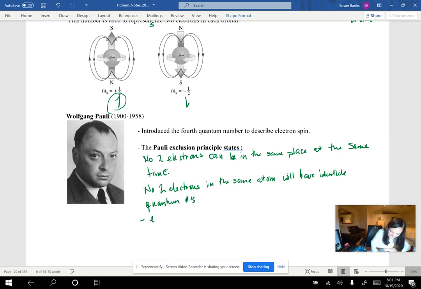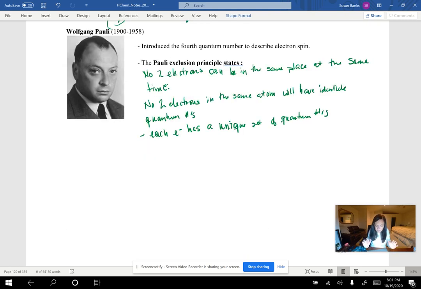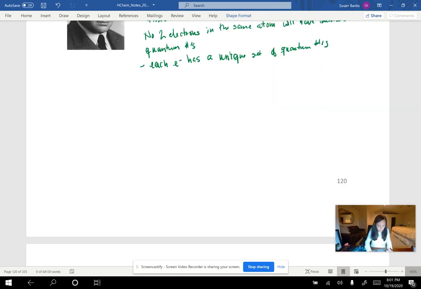So each electron, in other words, has a unique set of quantum numbers. Okay? So every electron has its own unique set of quantum numbers.